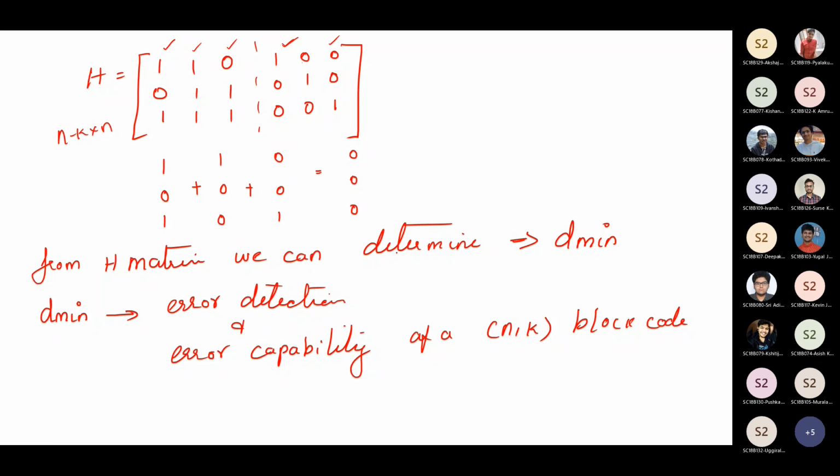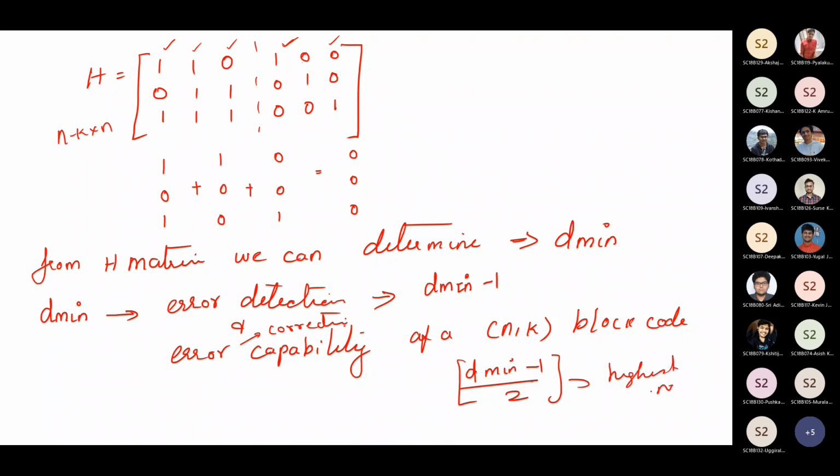Once D minimum is there, the error detection capability will be D minimum minus 1, and the error correction capability will be D minimum minus 1 divided by 2, highest integer. Clear, right?